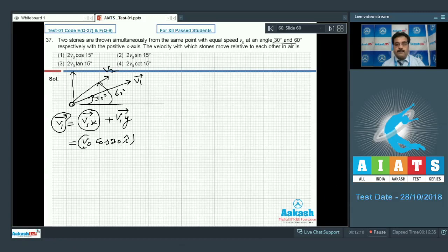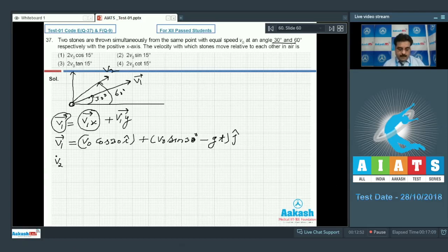This component of velocity will remain same, but when you move along y-axis, then you know uy minus g t. So I will use v0 sin 30 degree, initial vertical component of velocity, minus ay into t, because ay is g and time t along y-axis. So that is the final velocity vector of v1 for any instant.